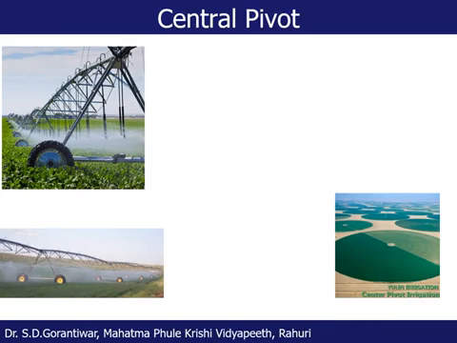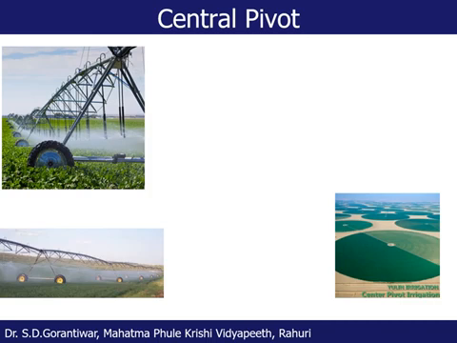This long arm moves in a circle, and while it moves, the nozzles pointed towards the land surface sprinkle water over the land surface or canopy, as you see in the figure below this first figure. And in the bottom figure at the right hand side, such circles are formed. These circles are the areas which are irrigated by the central pivot irrigation system.